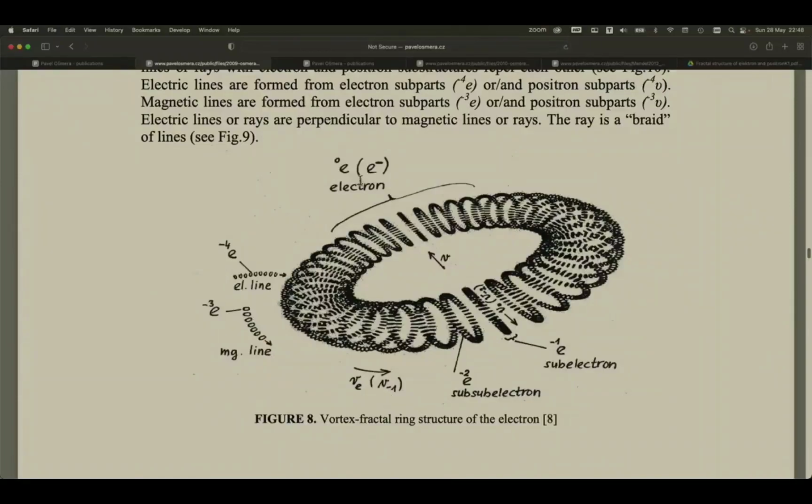Okay, so you've got the overall electron structure here, which is the whole thing, and then the -1 is this level, which is the sub-electron, and then here you've got the -2, the sub-sub-electron.